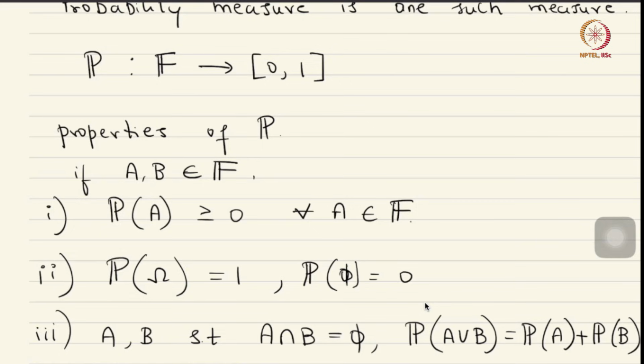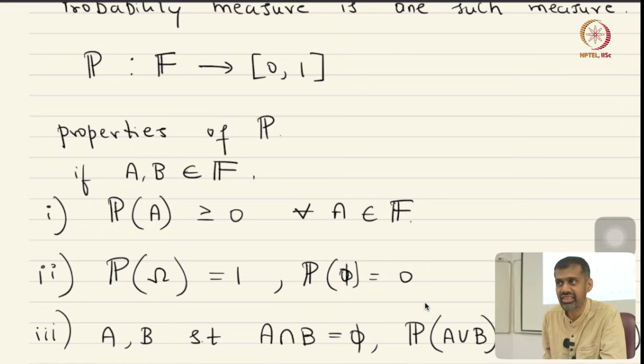Okay. Now till now we have not interpreted this measure. This is still a mathematical construct, right? And now you can interpret this as the likelihood of this event. Okay, so don't ask me what likelihood is, just like you don't ask me what length is. You understand what length is, right?